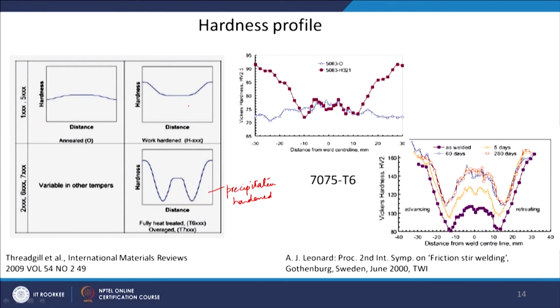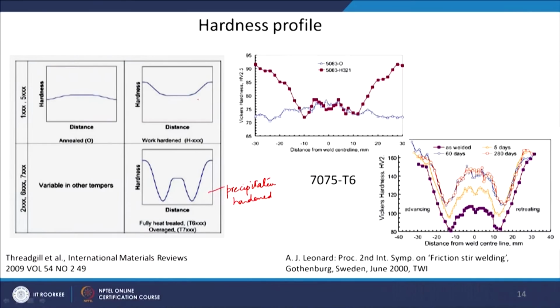In work hardened materials, okay, which do not get hardened by precipitation, the only method to increase the strength or give hardening to the material is through introduction of dislocations through cold deformation or cold working. So, you increase the number of dislocations, or dislocation density, and that will give the hardness.